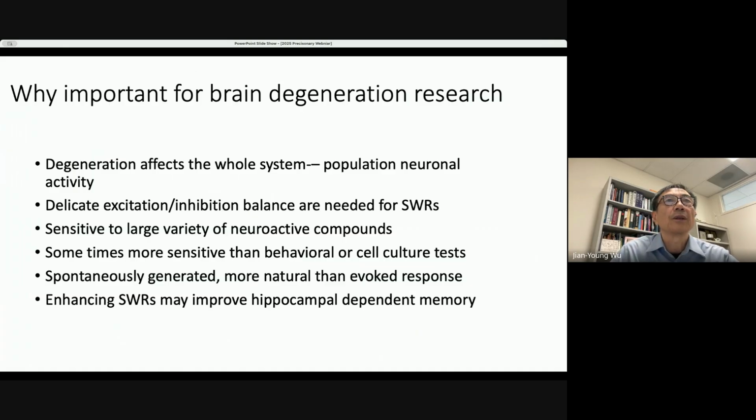We also studied degeneration in cell cultures, right? In cell culture, we can put amyloid beta in the culture system and record their activity and their effects.